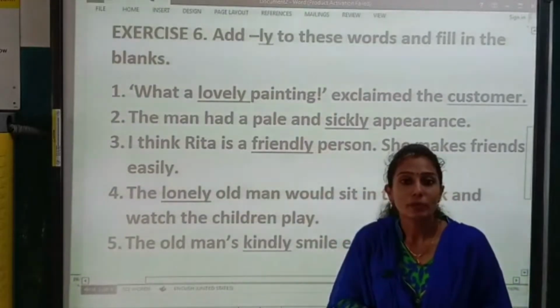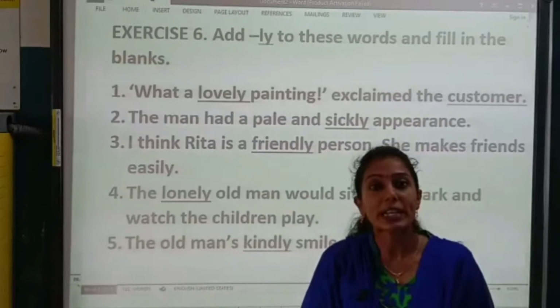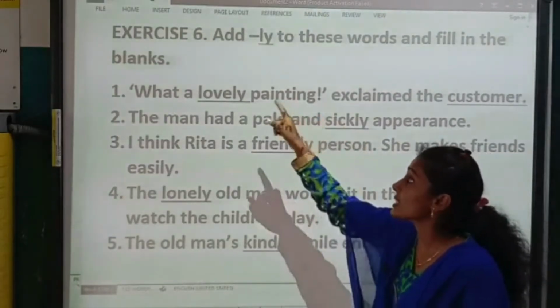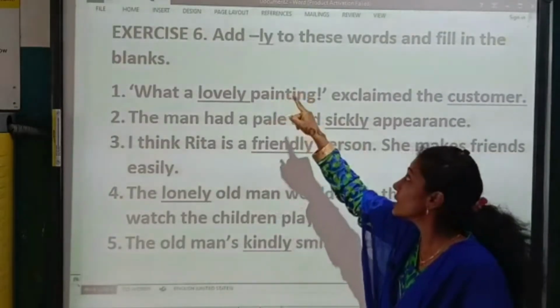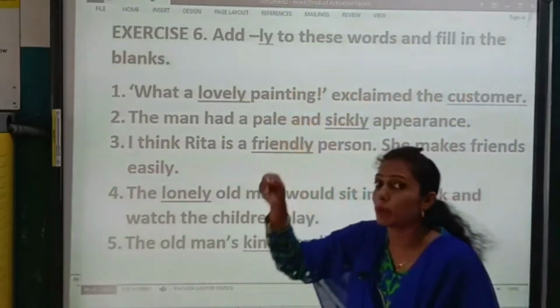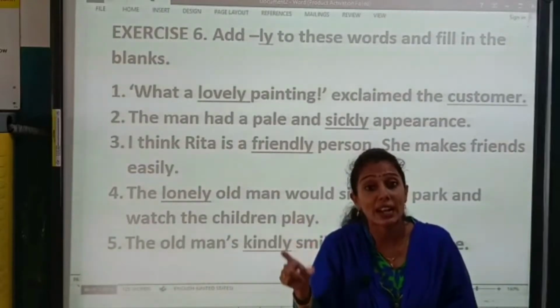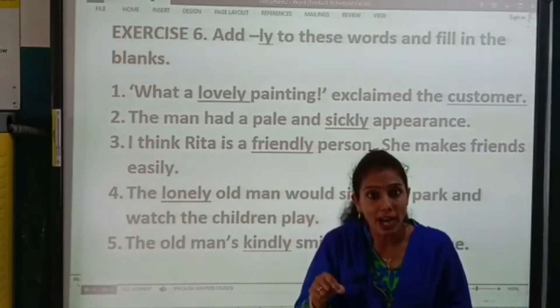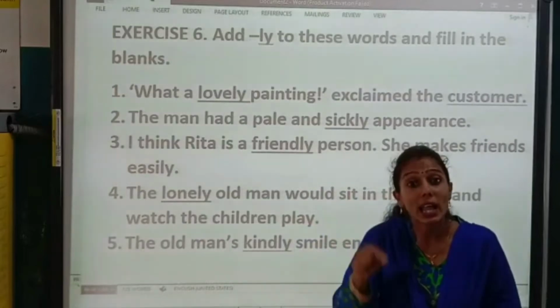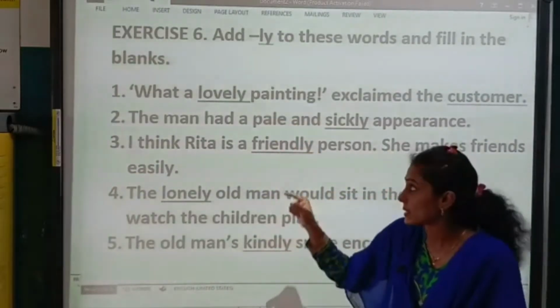So children, let's start with exercise 6. What you have to do is add ly to these words and fill in the blanks. See, in your textbook, in the help box, there are adjectives given. Now, you have to add ly to those words and fill in the blanks.